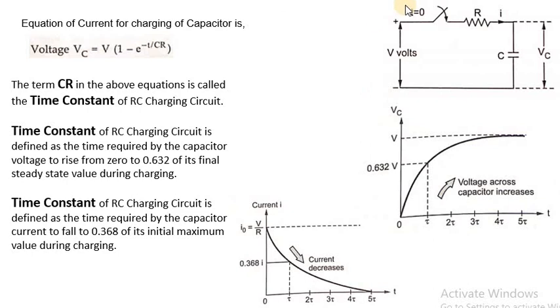You have to draw the circuit, then you have to draw the graph of voltage and of current. Okay. Then you have to write the voltage equation, current equation. And if they ask the definition of time constant, you are supposed to write the definition of time constant. If they ask only to show time constant, you have to only show time constant, that is tau, 2 tau, 3 tau, 4 tau and 5 tau, and show the initial charging current. So this is the initial charging current part.